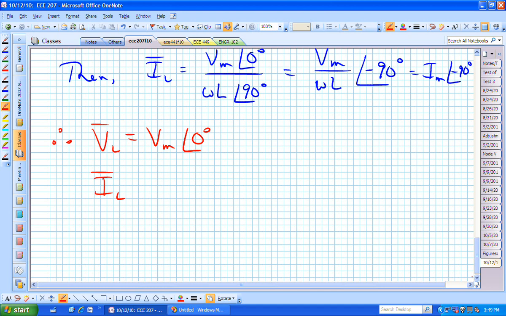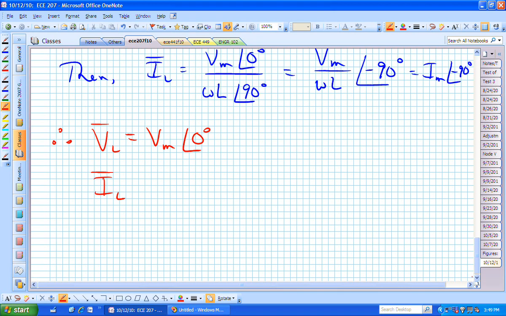The reason it has a 0 phase is because that's where I decided to start my time. For simplicity, I'm going to start my time axis when the voltage is at 0 degrees phase. That's my origin. Once I've defined that, I find my current relative to that.